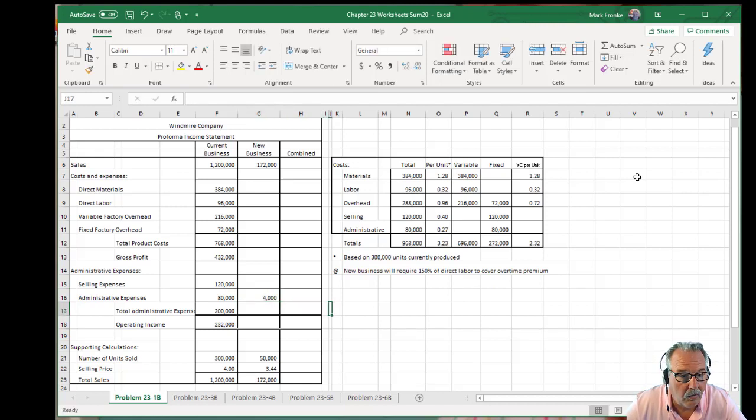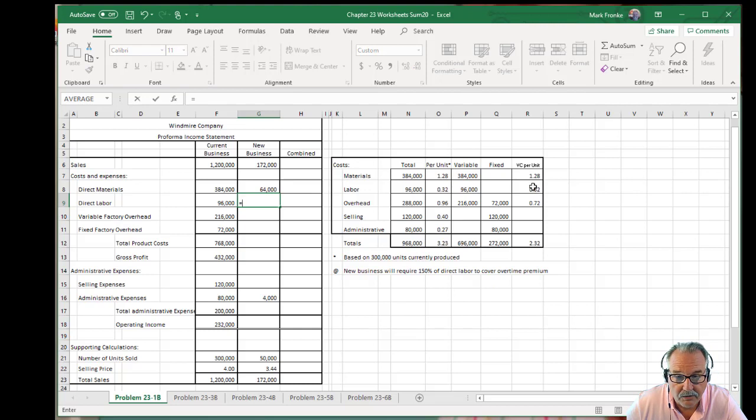Now I'm going to calculate the direct materials by multiplying our variable cost of $1.28 times 50,000 units. That's $64,000. They told us that we're going to have to pay an overtime premium.